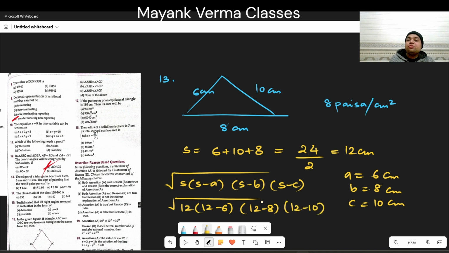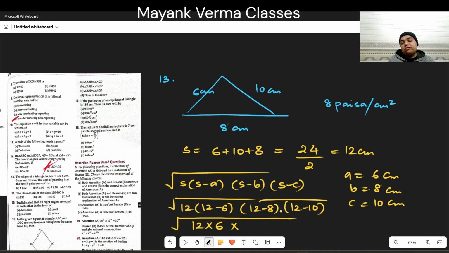I just substituted the values in it, and if we solve it further, 12 into 12 minus 6 is 6, 12 minus 8 is 4, and 12 minus 10 is 2. So if you see here, I can rewrite 12 as 4 into 3, 6 as 3 into 2, and 4 into 2 is already there.